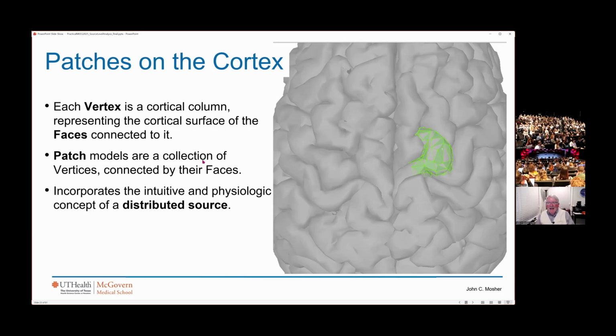We have a very natural, intuitive, and physiologic concept of what is a distributed source, a region of vertices on the cortex. And so we're definitely not emphasizing any one cortical column in there, but rather the patch of connected surfaces. So it immediately brought up the question many years ago that we had: how good is a single equivalent current dipole at representing this whole patch when it's actually quite undulating, folded, moving in many different directions here?